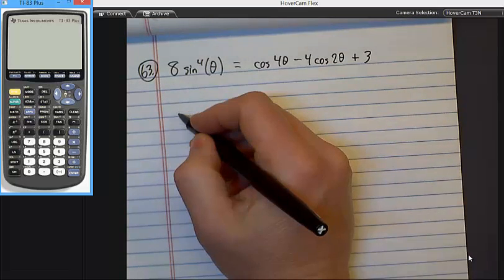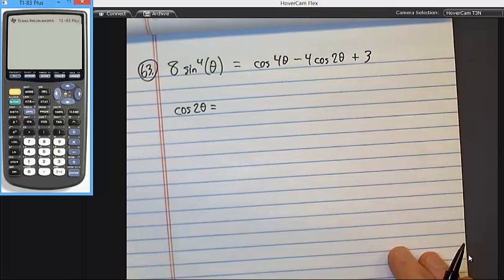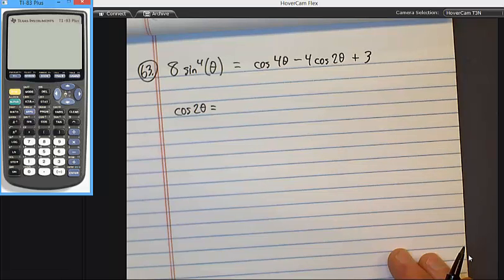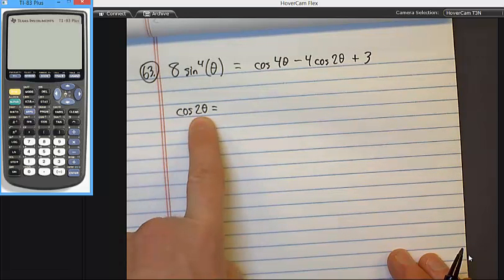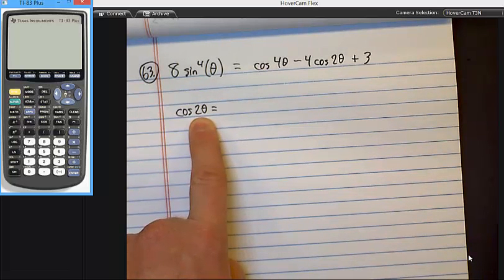When I see cosine of 2 theta, do you guys know what that equals? Wasn't there a song? Because this is theta plus theta, right? Sine, cosine, cosine, sine, and then? Cosine, cosine, sine, sine.